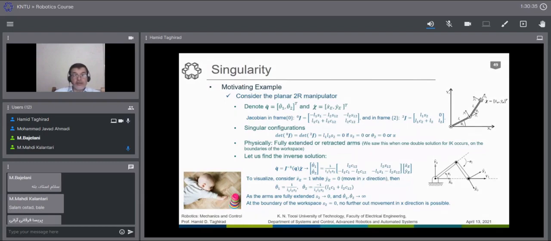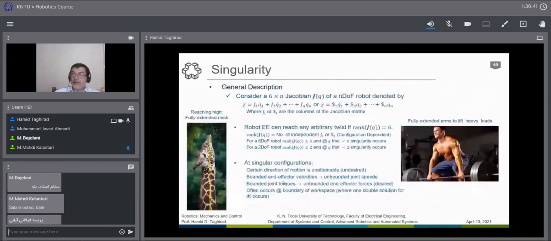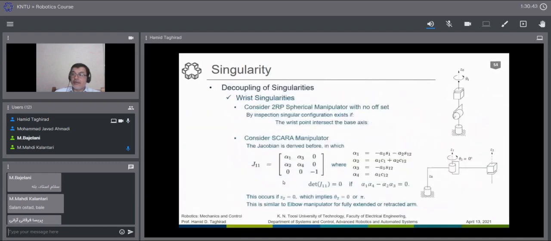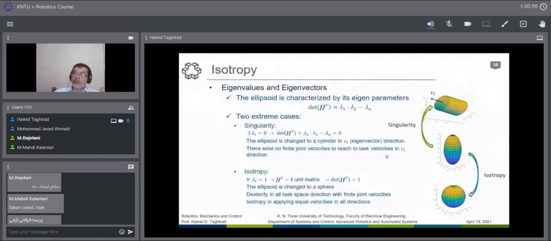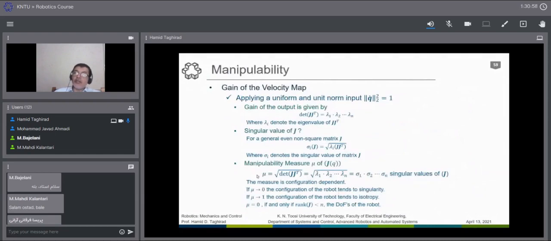In the shape, we had the sphere and the ellipsoid. What does the distance show? When it is smaller, is it more dexterous, or does it not show something like that? You cannot say one-to-one. When we call something dexterity, we should have a measure. The measure is defined here, the manipulability measure.